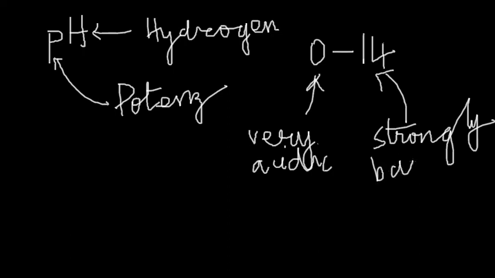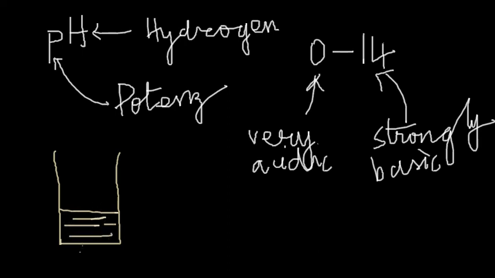Right? So what we do is we actually take the solution whose pH value is to be measured. Suppose this vessel contains the solution whose pH value has to be measured, and we have papers called pH papers, which are somewhat orangish in color, and what we do is we dip this pH paper into this solution.